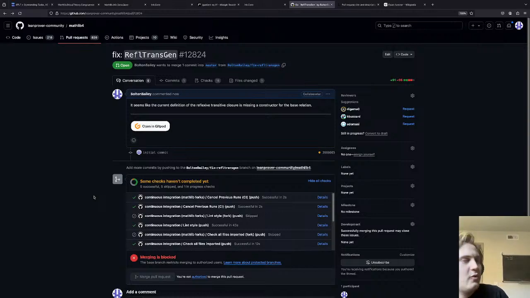What would be the nicest of all would be to define the reflexive closure, define the symmetric closure, define the transitive closure, and then define the equivalence closure, the reflexive transitive closure and the symmetric reflexive transitive closure as compositions of these concepts.